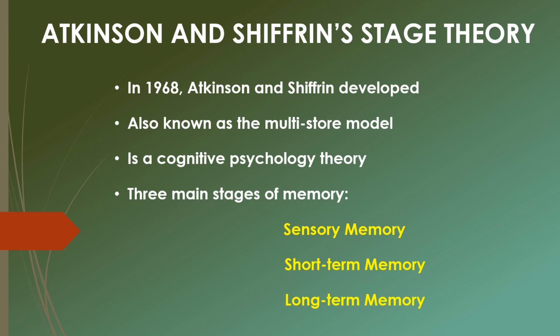Stage theory, also known as the multi-store model, is a cognitive psychology theory. This theory explains how information is processed and stored in the memory system. According to this model, there are three main stages of memory: the sensory memory, the short-term memory, and the long-term memory.